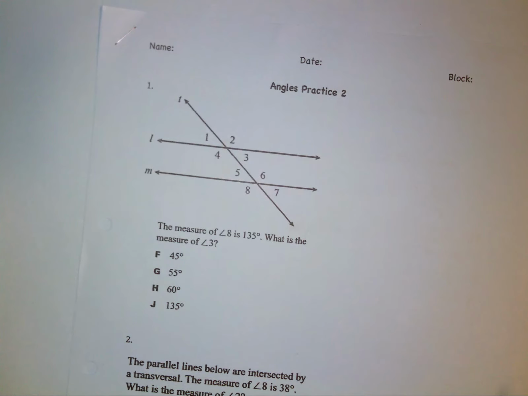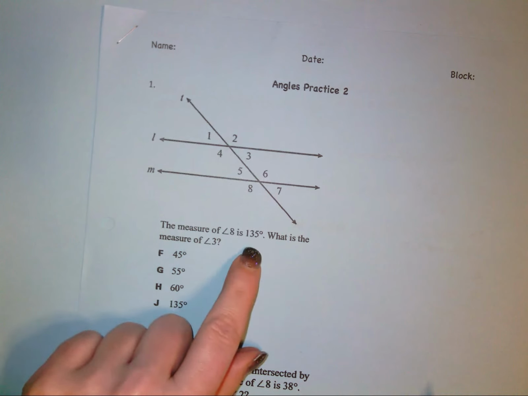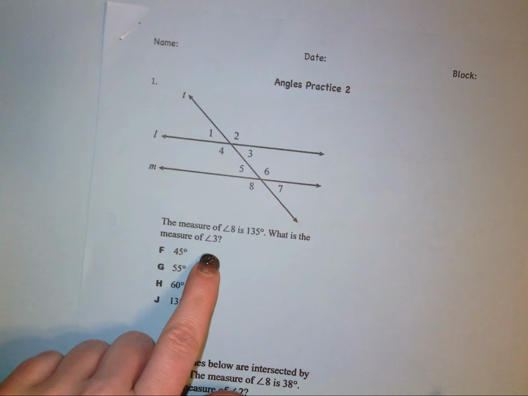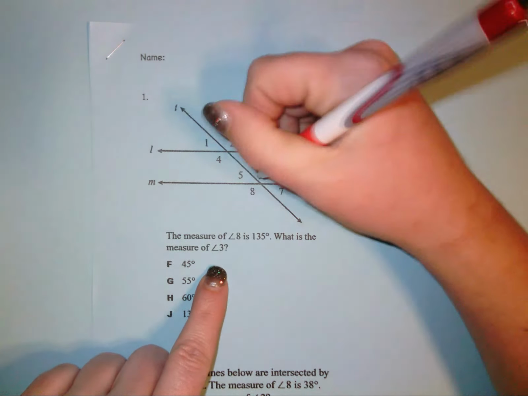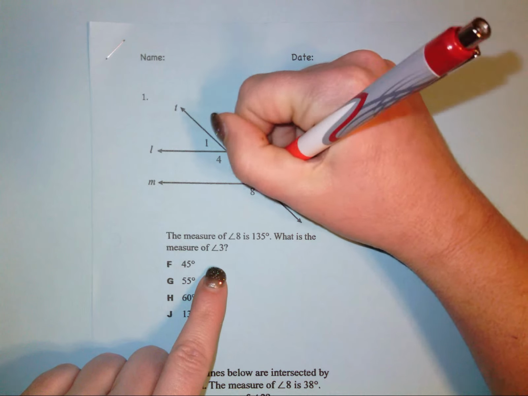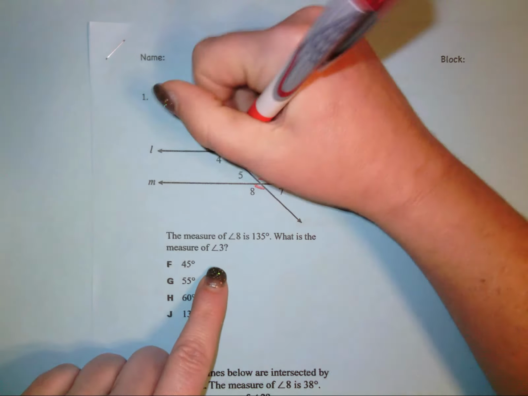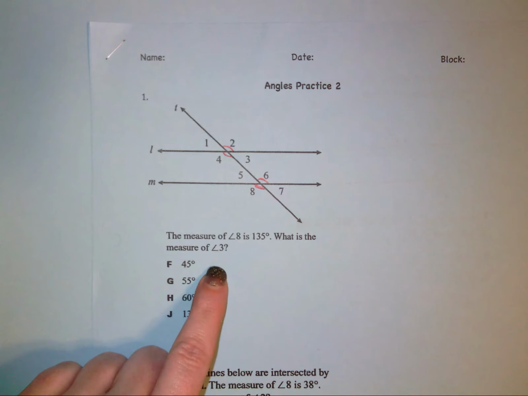So, for number 1, it says the measure of angle 8, that little symbol means angle, is 135 degrees. What is the measure of number 3? Well, if you were paying attention to your vocabulary words, you would know that vertical angles are equal. So, 8 and 6 are equal, which are also equal with angles 4 and angles 2.